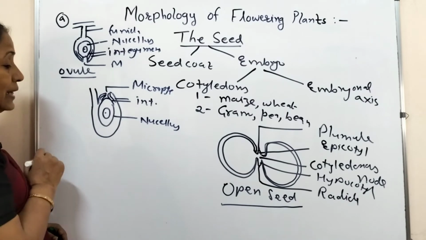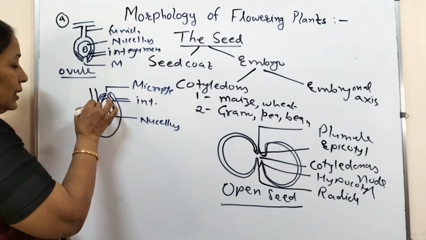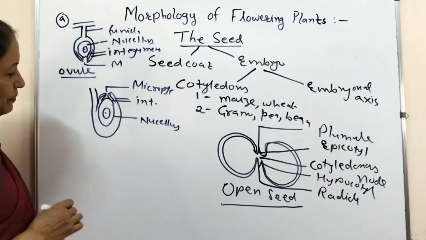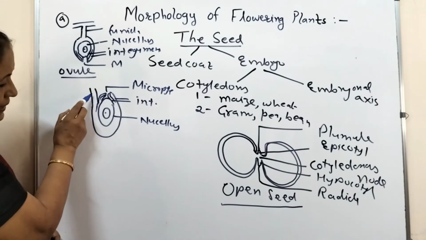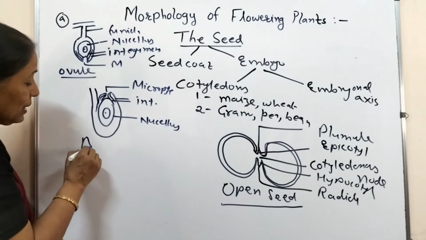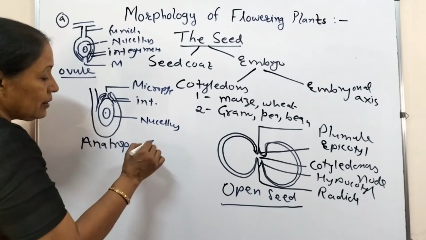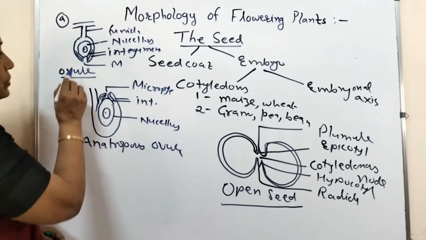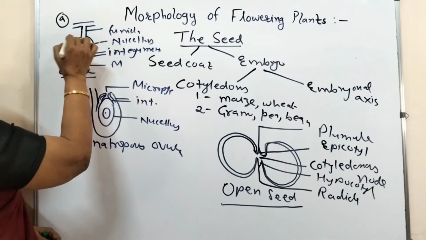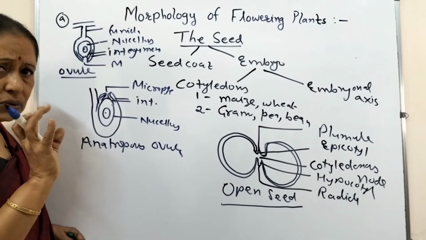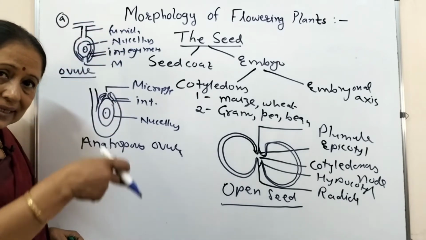Now what is hilum and what is raphe? This is the free part. As the ovule turned like this, this is an anatropous ovule. When the ovule turned, the whole body was free from the stalk, funicle. It was not attached to the funicle at all because it was hanging straight.